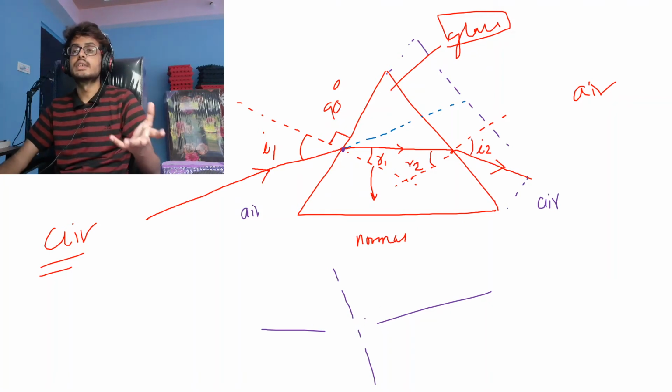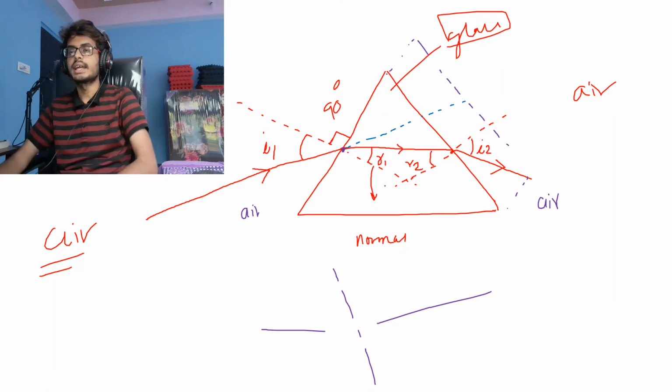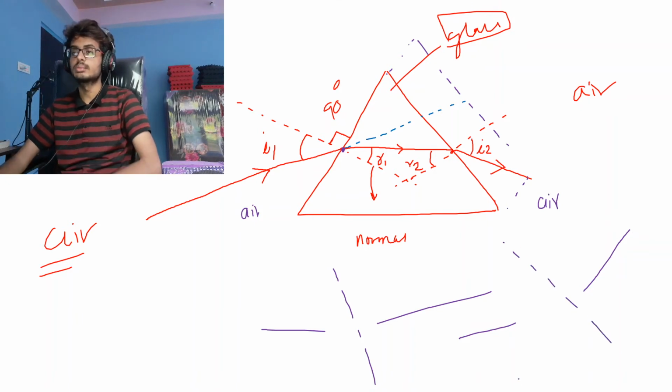Each surface will have its own normal, because the normal is the ray that is perpendicular to the surface. I can't draw two different surfaces and make a line which is normal to both. That is not possible, since the refraction is happening at two different places.